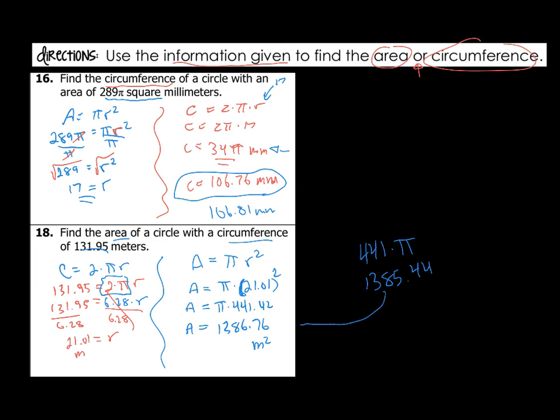And you'll notice that's not exactly the same, but it's close enough. It's not about the exact decimal. It's more about the process. So make sure you show your work. Okay?